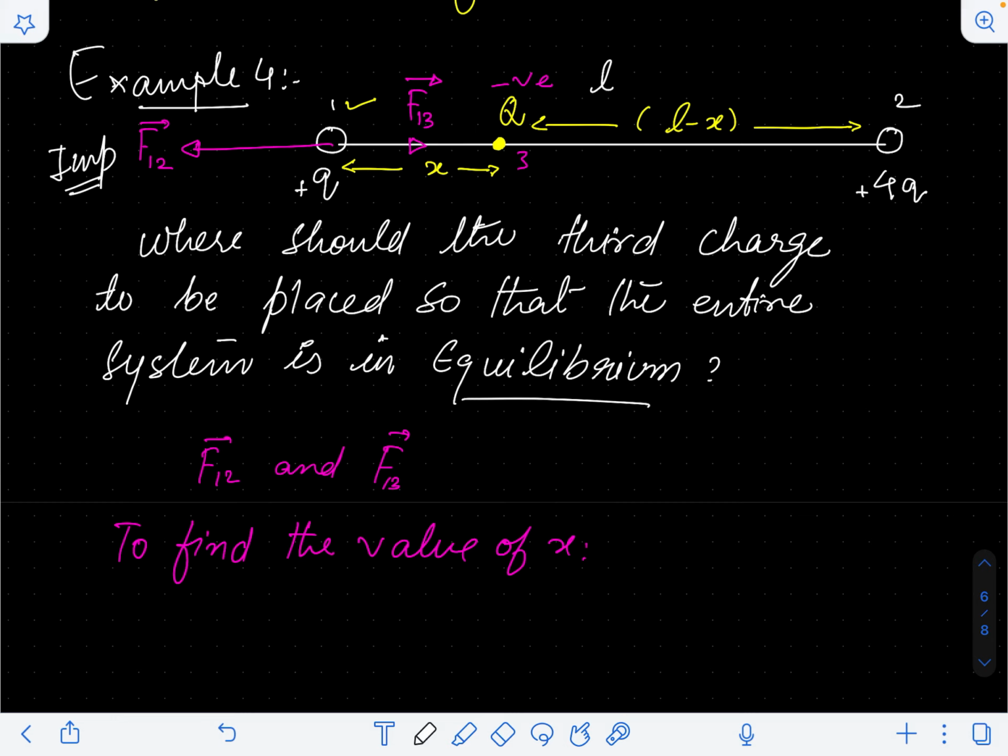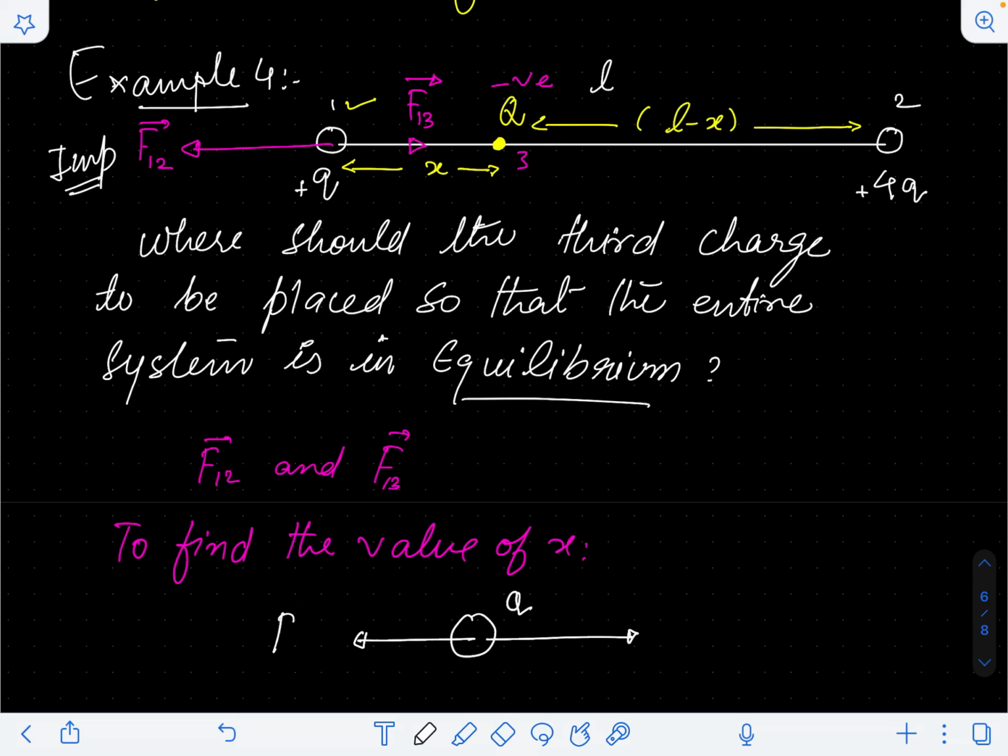As the third charge should also be in equilibrium, the net force acting on q must be like this: this is the force on 3 due to 2 and this is the force on 3 due to 1. They must be opposite in nature.